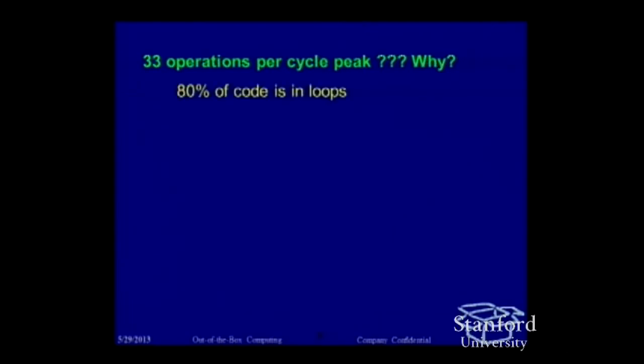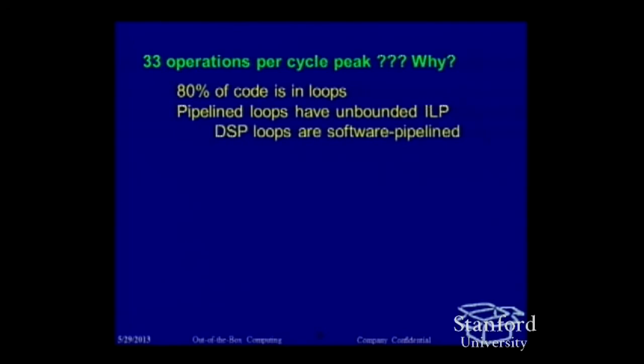Well, the answer is that even in general purpose code, 80% of all the code is in loops. And if you can software pipeline those loops, which of course is what all the DSPs do, then you have in fact unbounded ILP. You can soak up every adder you can throw at it forever.